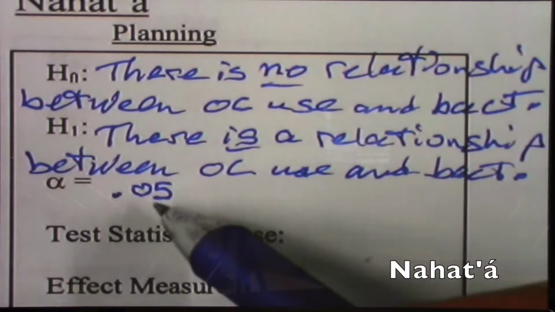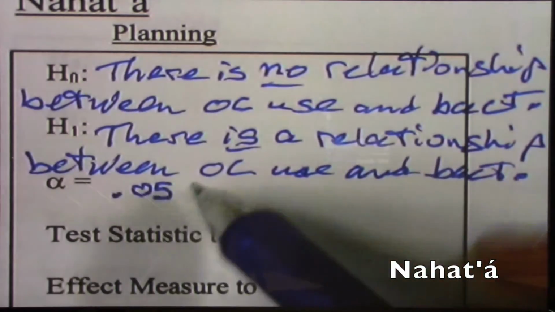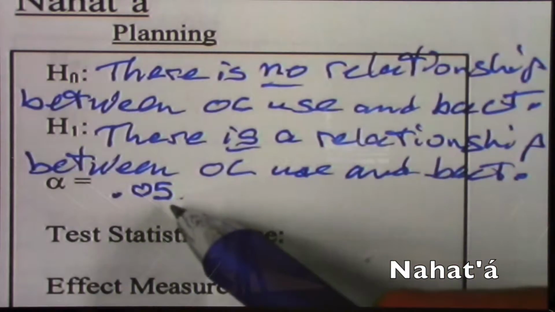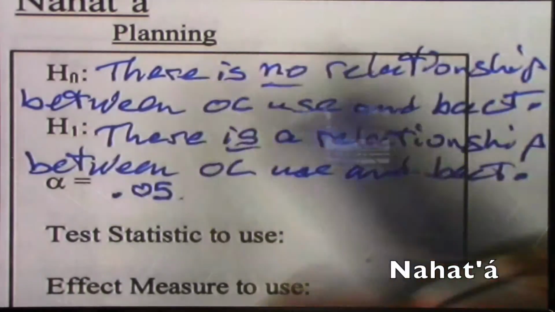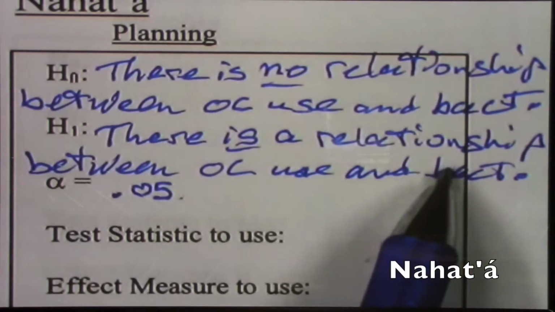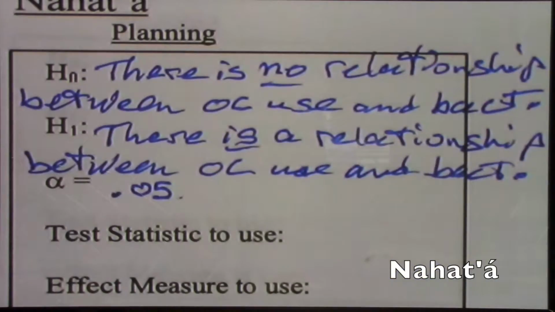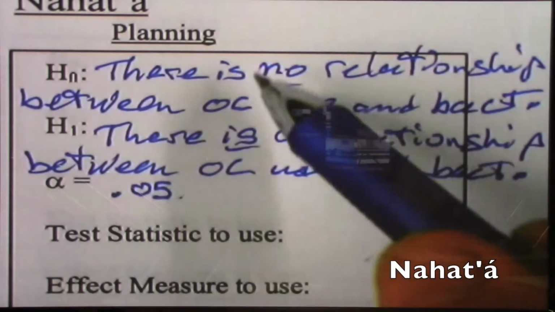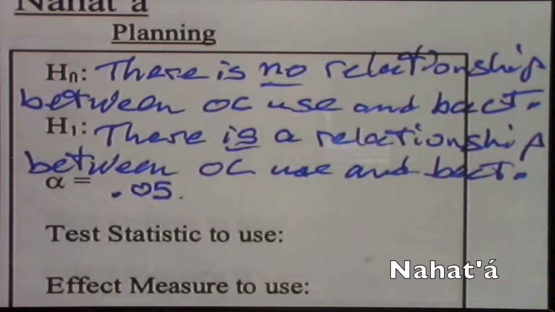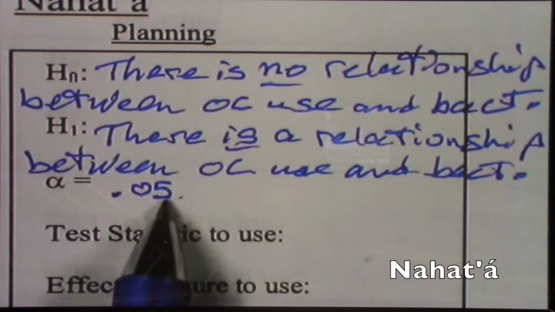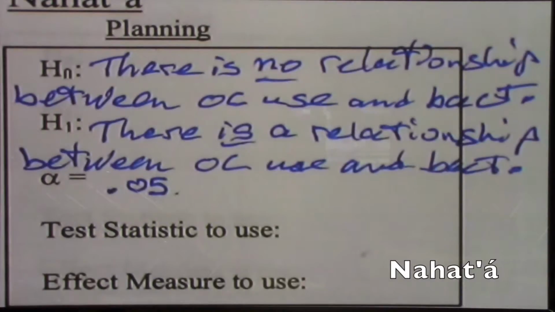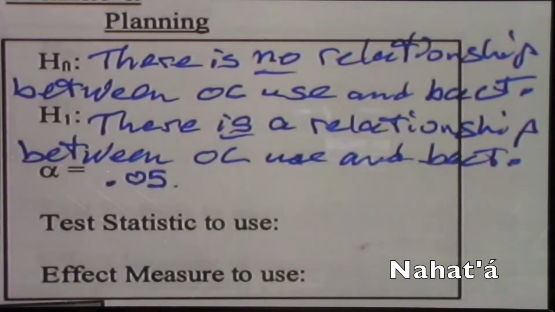If the p-value is less than 0.05, then we're going to reject the null hypothesis and conclude that there is a relationship. Otherwise, we're going to stick with the null hypothesis that there is no relationship. So this is the number to watch when we get to the end. Compare your p-value to this to see whether or not there is a relationship.